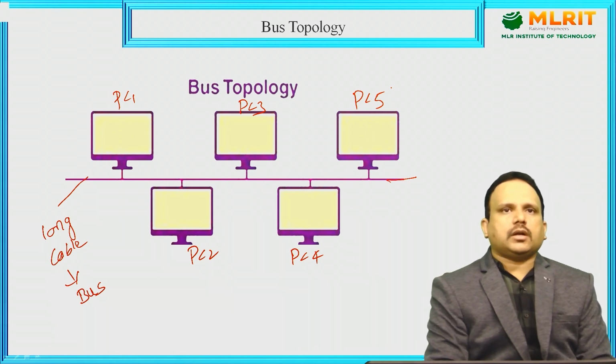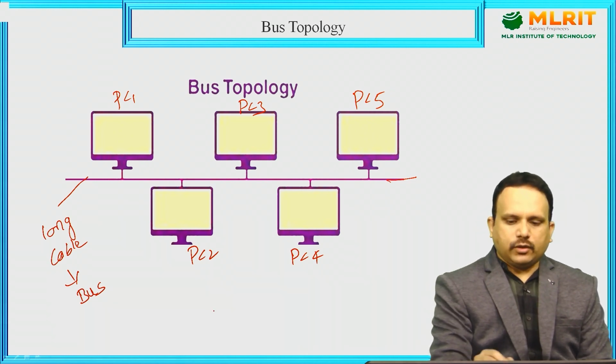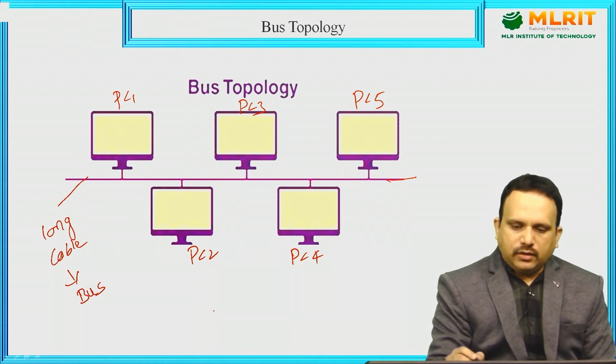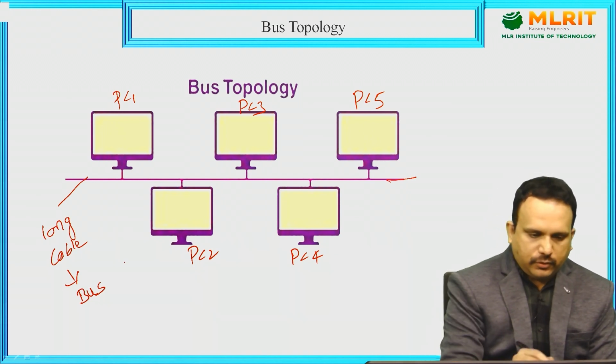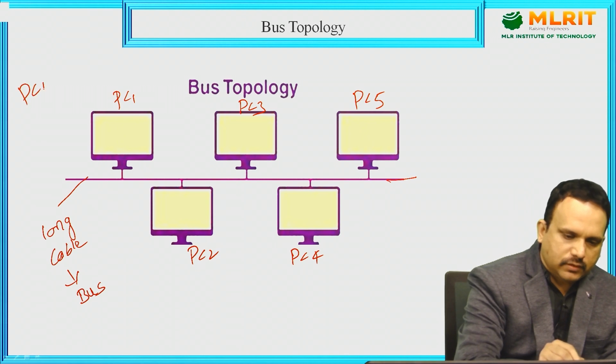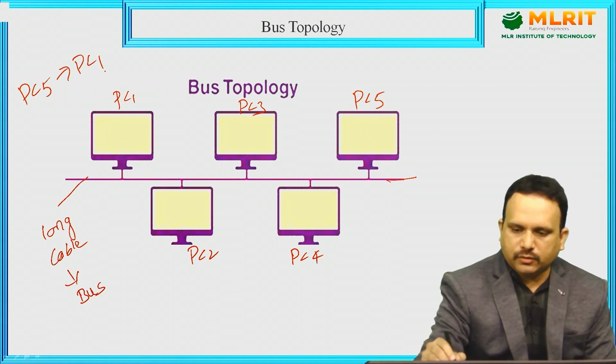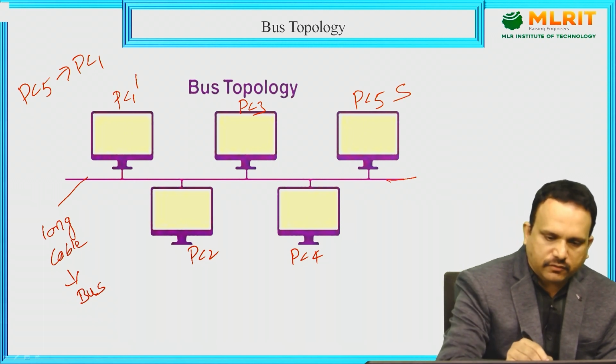All the computers are connected to a long cable called the bus. For example, if personal computer 5 wants to send data to personal computer 1, personal computer 5 is the sender and personal computer 1 is the receiver.